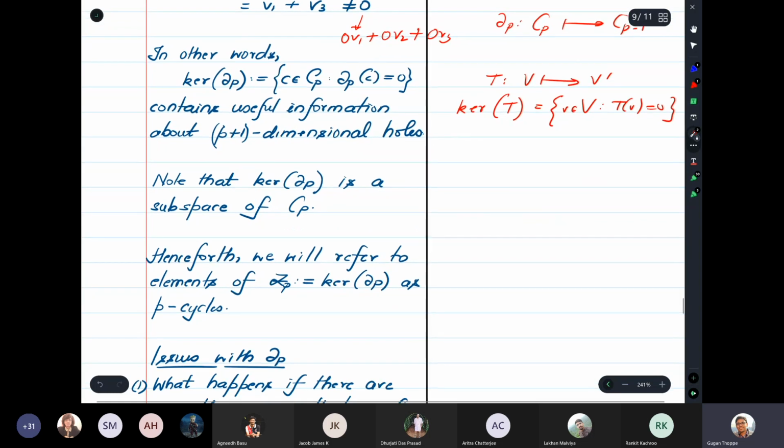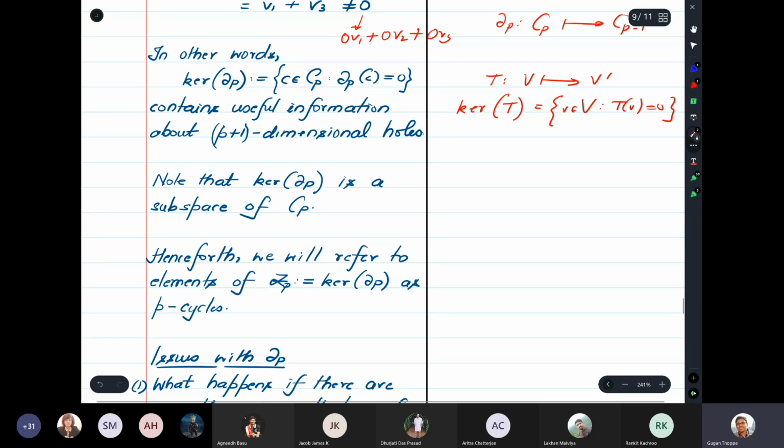Furthermore, this was one of the exercises in your assignment 1: if you have a group homomorphism, then the kernel of that homomorphism is a subgroup, right? So since we have Cp as a vector space and DABA-P is a vector space homomorphism, the kernel of this vector space homomorphism would indeed be a subspace of Cp. That is something you need to keep in mind.